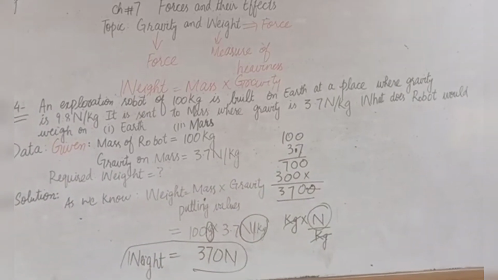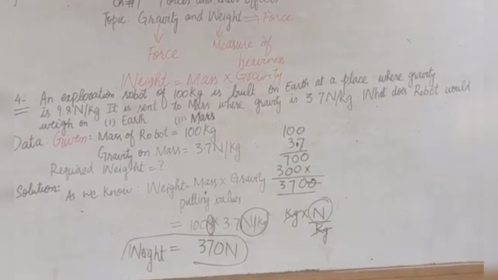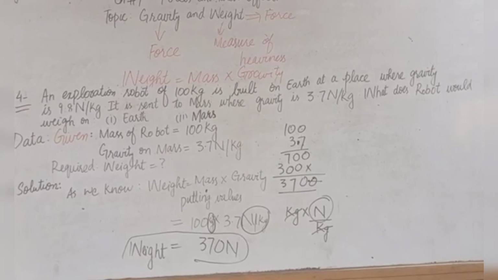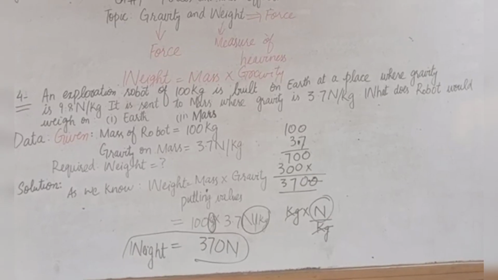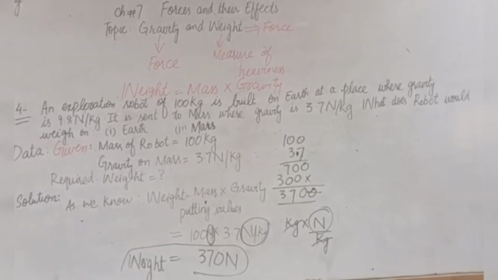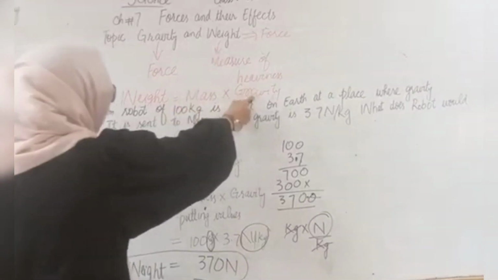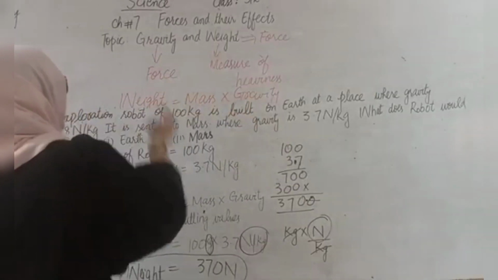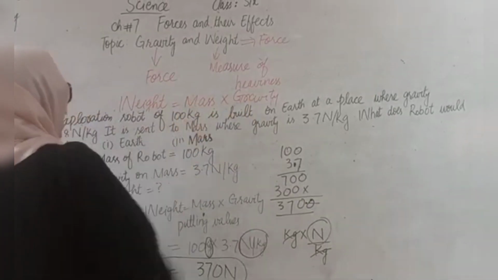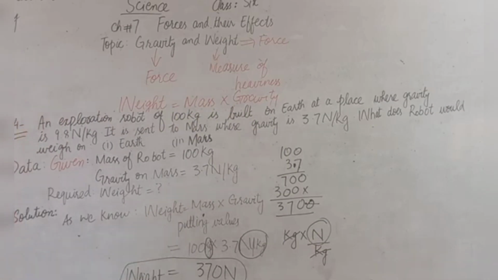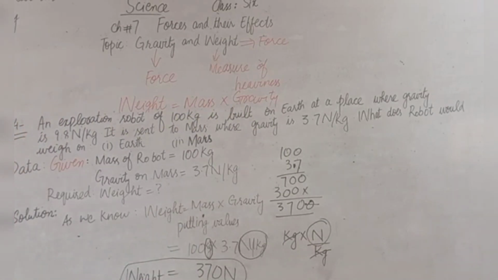By the same method we can find the weight on any planet with the help of mass and gravity. When we know the mass and gravity, we can find weight easily with the help of this relation. If they are given, then you can easily find the weight.